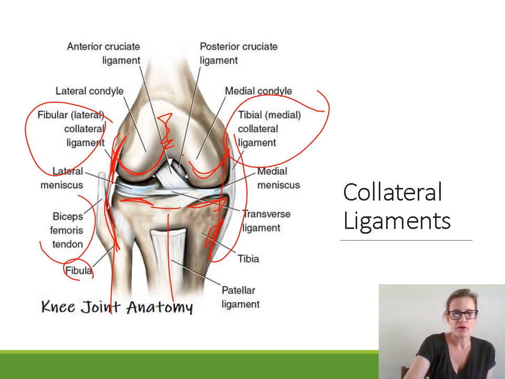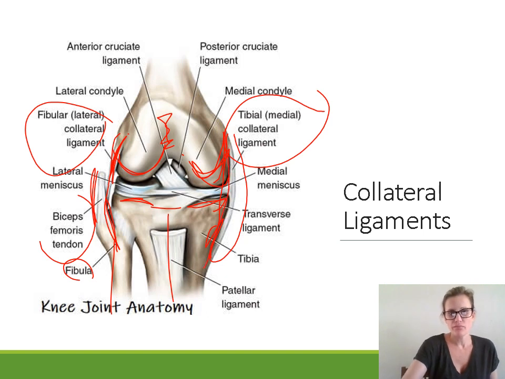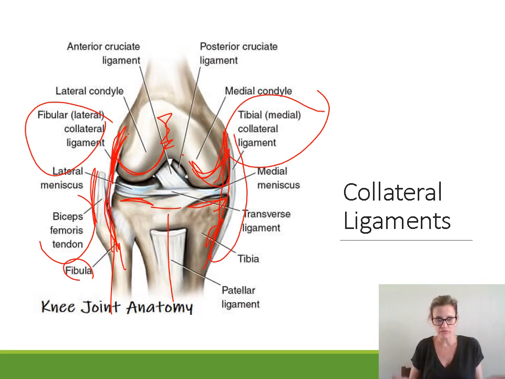The biceps femoris tendon comes just outside that, so that's that little white piece you see cut right there. So the tibial collateral ligament extends from the medial condyle of the femur down to the tibia. The lateral collateral ligament attaches to the lateral condyle of the femur and then down to the fibula inferiorly.